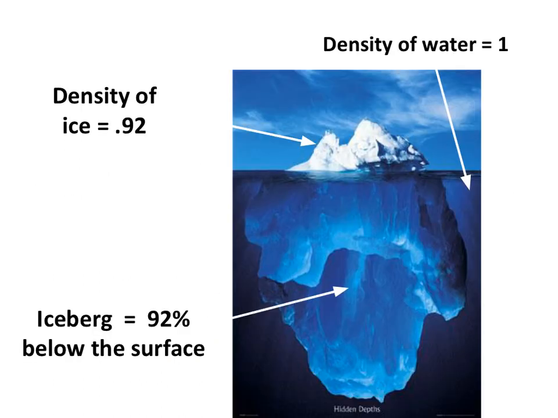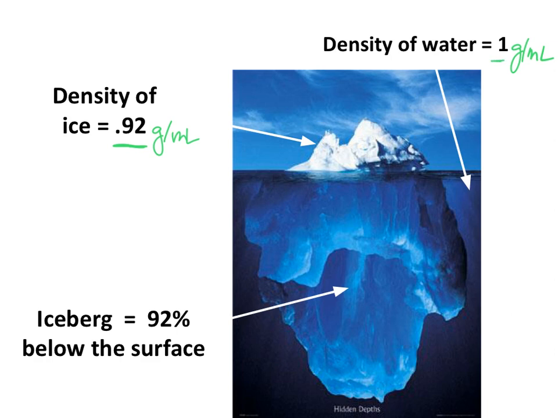We see a great example of this when we look at water as a liquid versus water as a solid. Liquid water has a density of 1 gram per milliliter, whereas ice, solid water, has a density of 0.92 grams per milliliter. So we can see here icebergs in the ocean are going to float on top of the water because their density is lower, or the particles are more spread apart as a solid than they are as a liquid.